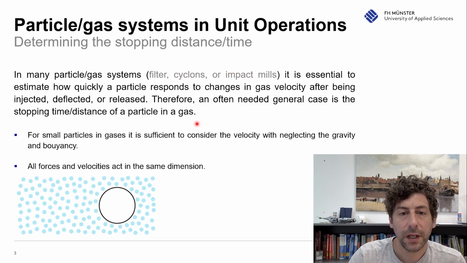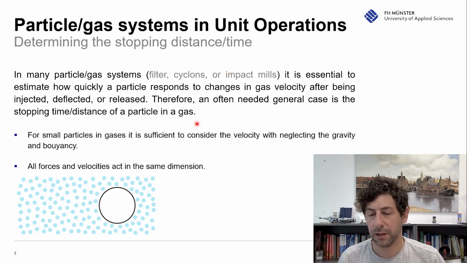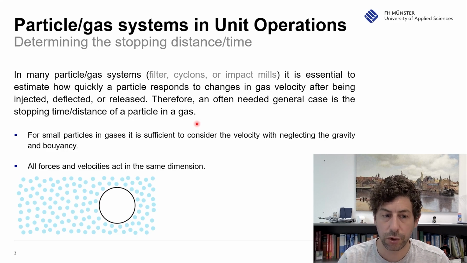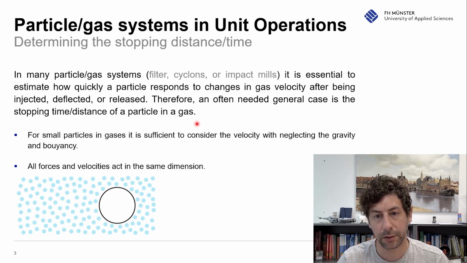And just to set it a little bit in a bigger picture, in the previous videos we looked at the forces acting on particles when a particle moves, and then we also looked at transient motion, so a particle accelerates or decelerates. And then we have mainly two important cases.